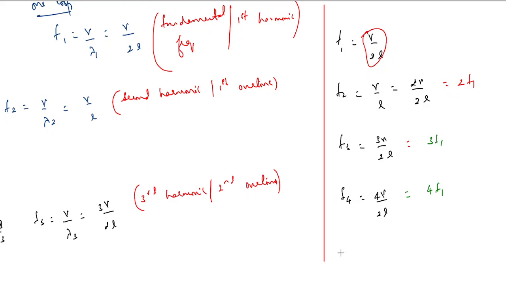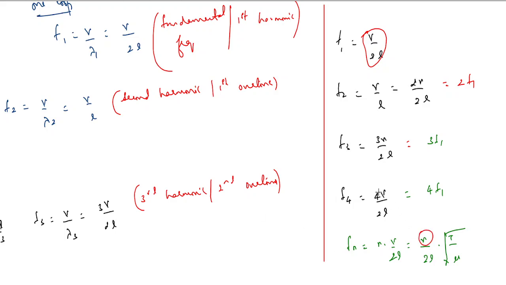So in case of a string, you get all these possible frequencies. You can generalize saying that Fn would be n times V by 2L, or n by 2L times root of T by mu, where n is called the nth harmonic.